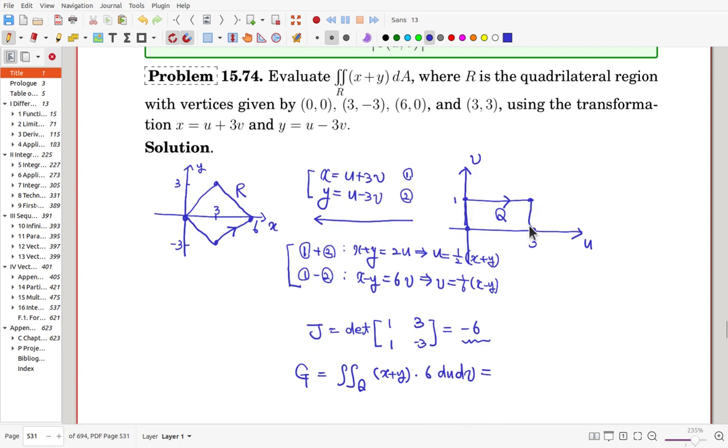Q is a rectangle, in the u direction from 0 to 3, in the v direction from 0 to 1. Now x plus y is simply 2u. We have to express this integrand as a function of u and v, and we have a scaling factor 6 here, and now that is the v direction and the u direction.